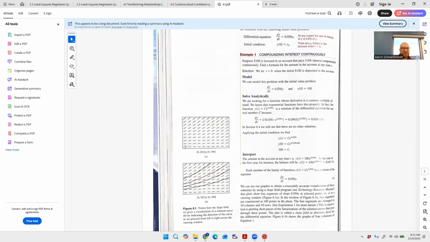So at 2, 30, what's the slope? And then you sketch in a slope. Does that make sense?